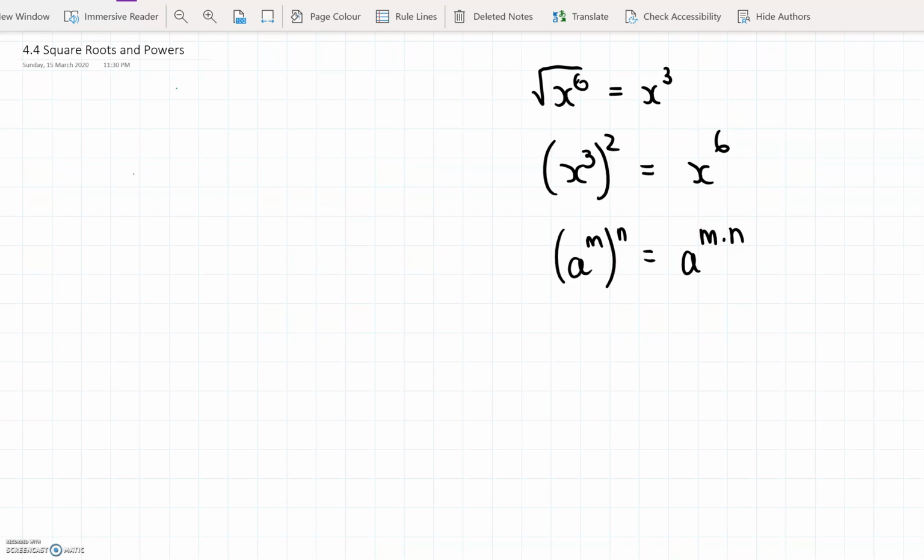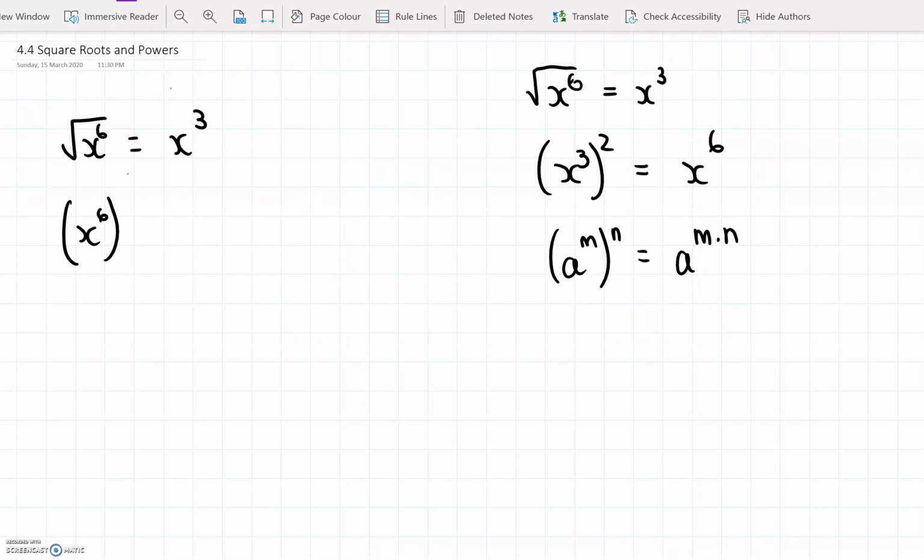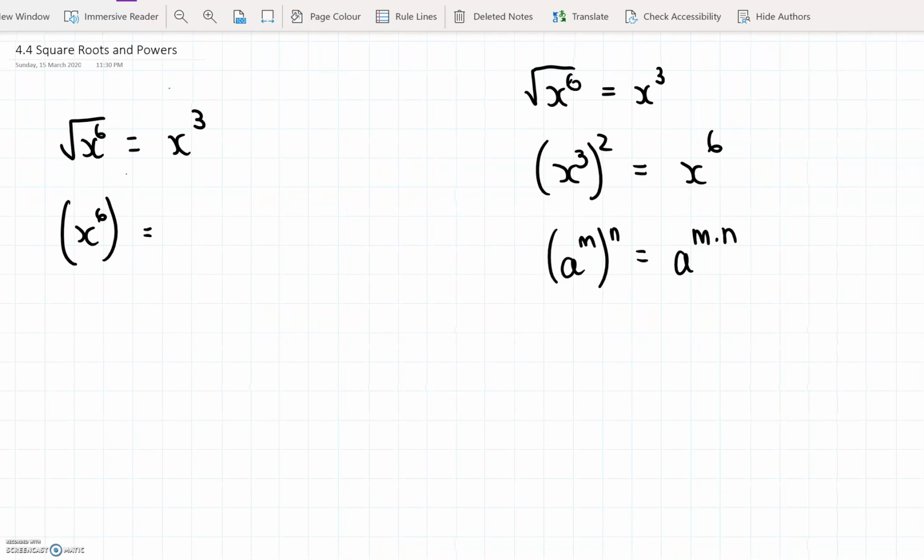We said that the square root of x to the power of 6 is equal to x to the power of 3. But as I said, the square root is actually a power, an index. So we have x to the power of 6, and that's being raised to the power of something. We don't know what that is yet because we haven't learned it, and that's equal to x cubed.